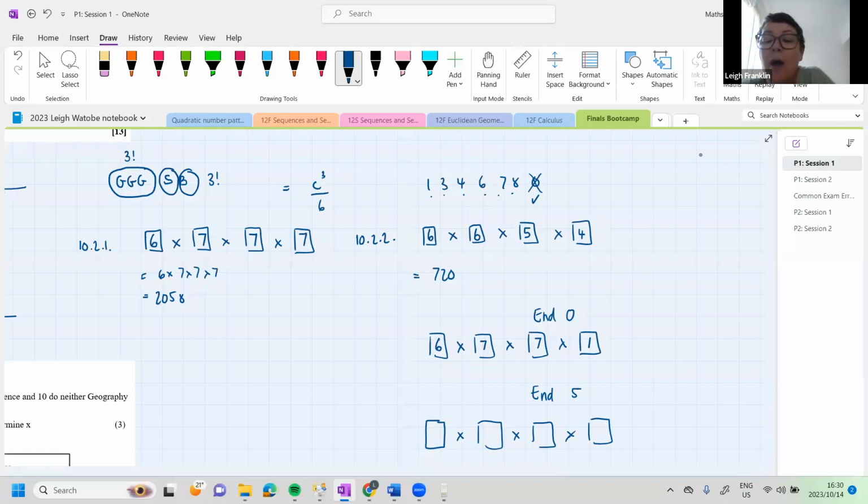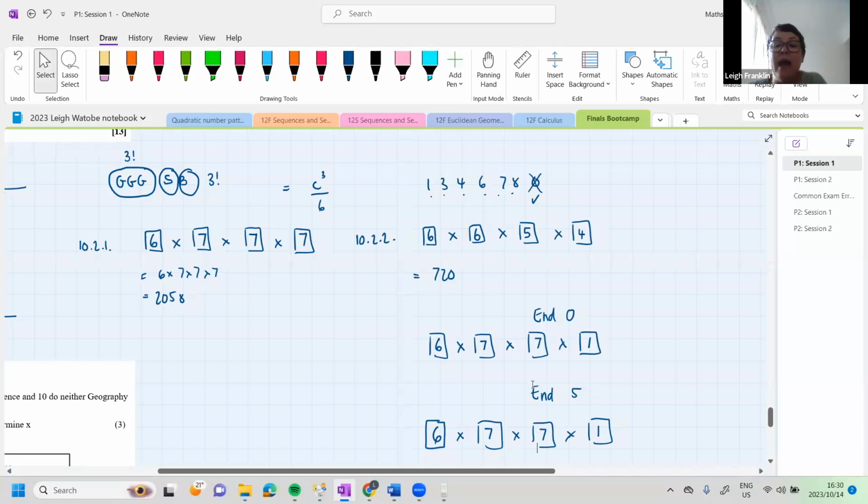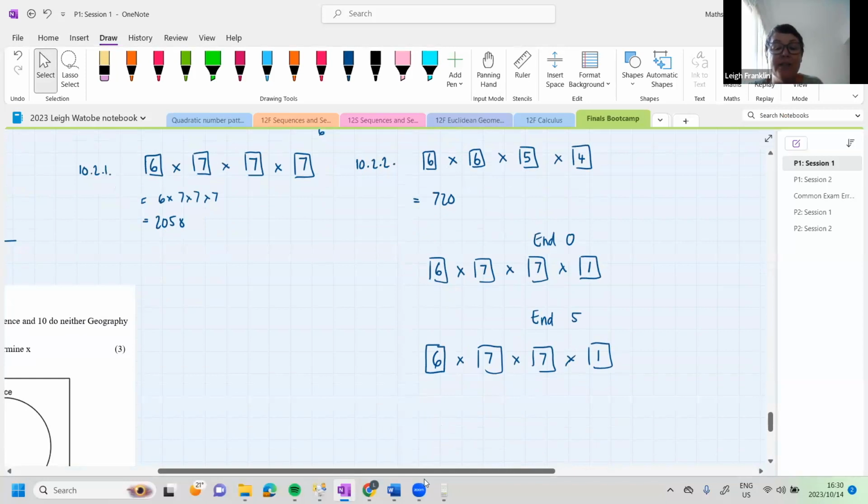All right, so now it has to end in a 5. So there's one way in which I can fill that block. Again, it can't start with a 0, so there are 6 ways in which I can fill this block over here. I've got 7 numbers in total, so I've got 7 and 7 over there. All right, so these two would need to be added together. In this case, they're actually identical.